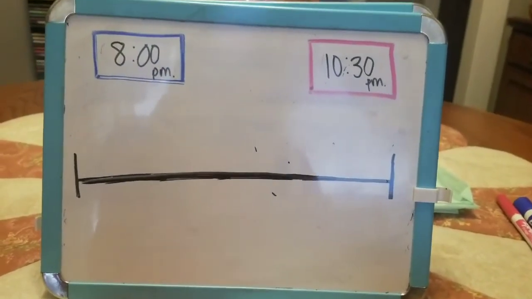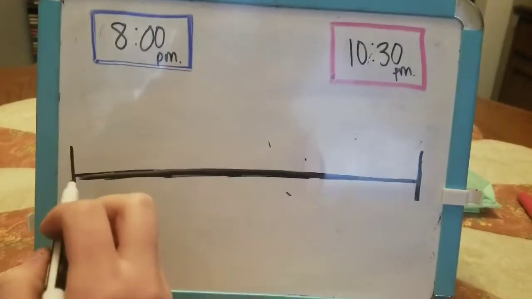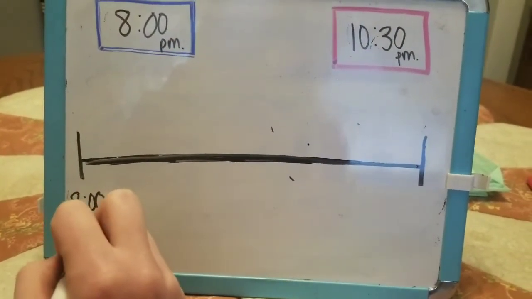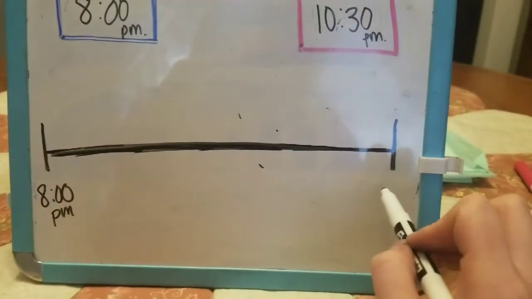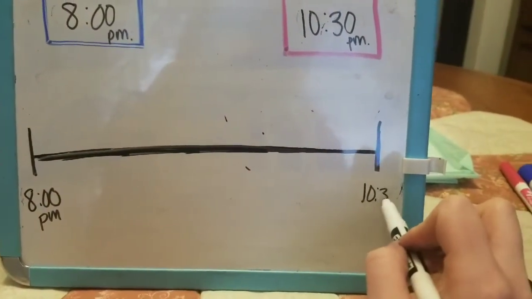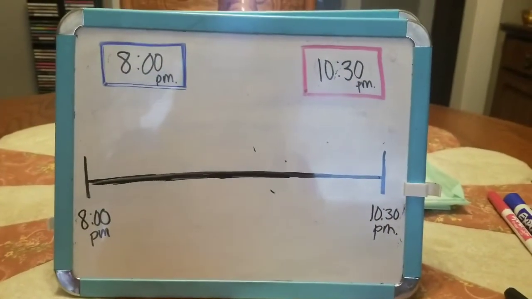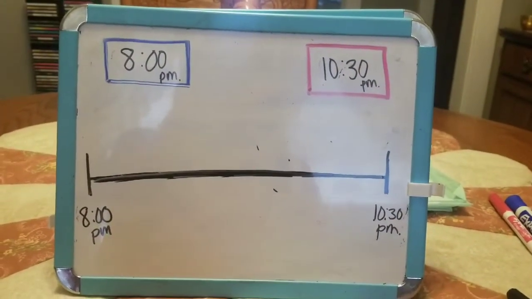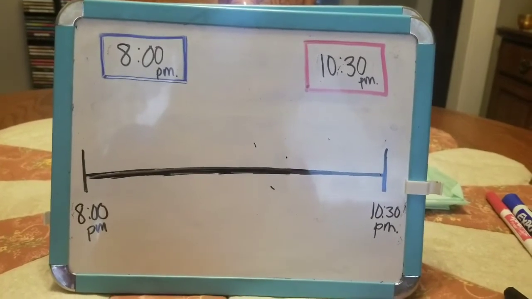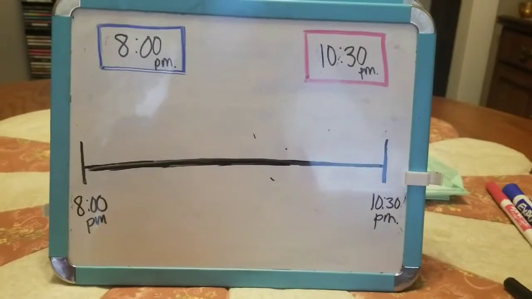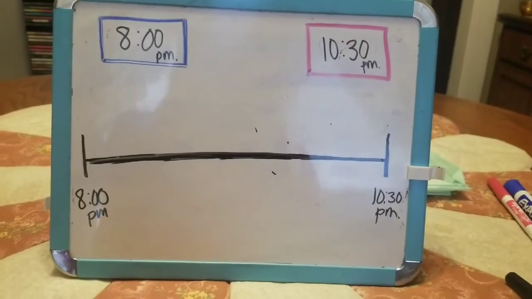All right, so now we know that the movie starts at 8 p.m. and the movie ends at 10:30 p.m. So now we're going to complete our number line to see how much time had passed. So who can tell me what an hour jump would be from 8?